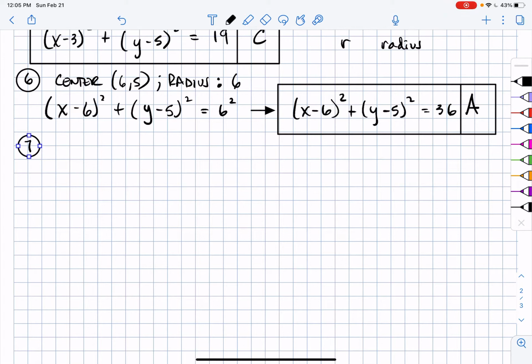Okay. All right, so I have x squared plus y squared plus 6x plus 4y is equal to 3. Okay?